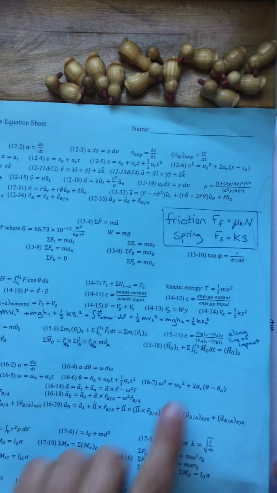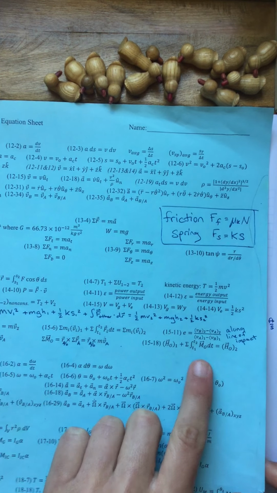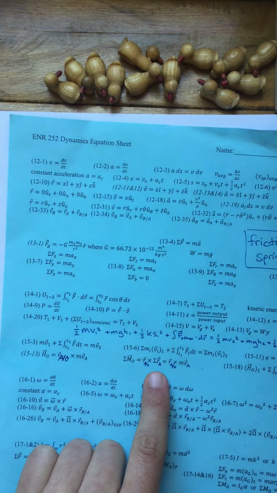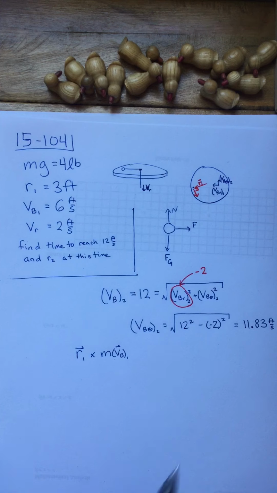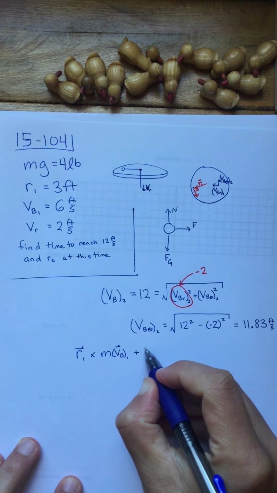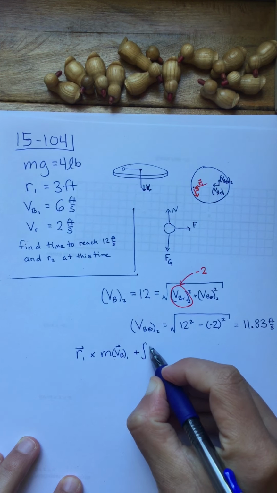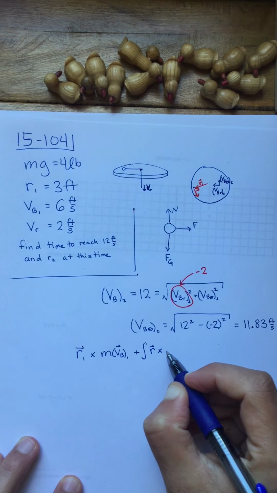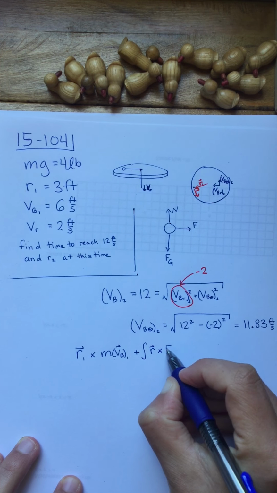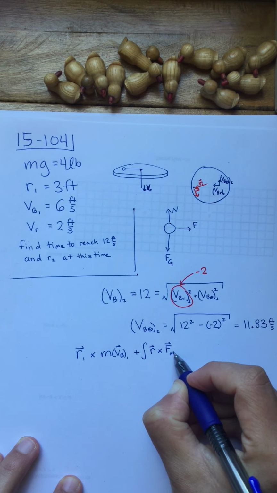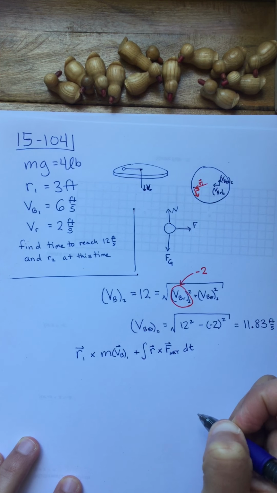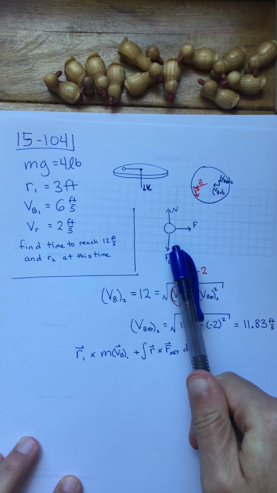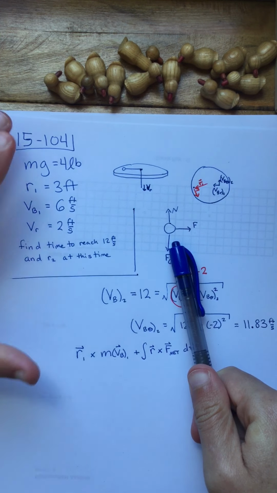Then plus the sum of the moments integrated with respect to t, that comes from this equation here. That's the vector r crossed with the net force acting on your object. So let's say plus the vector r crossed with F net and integrated with respect to t. But up here, we said that the net force in the z direction is equal to 0.